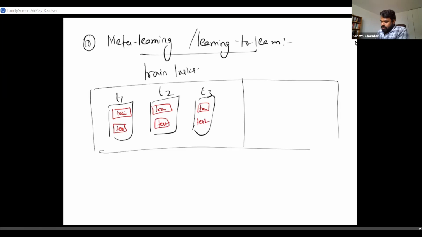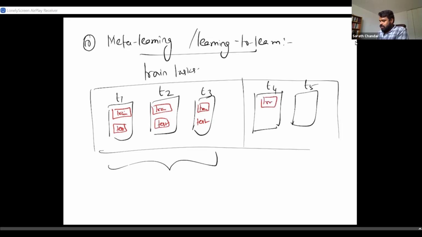Now I want to design a system which will learn to solve all these training tasks in such a way that, given a new test task T4 or T5, this agent can perform well on these test tasks.